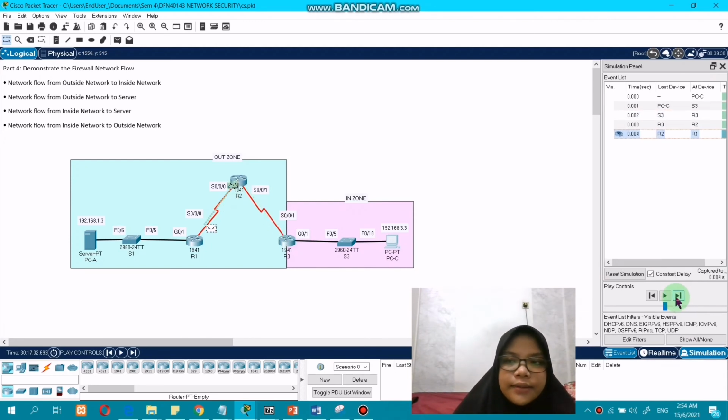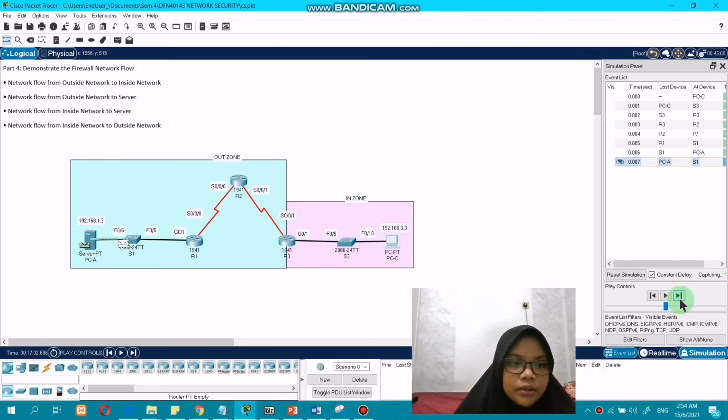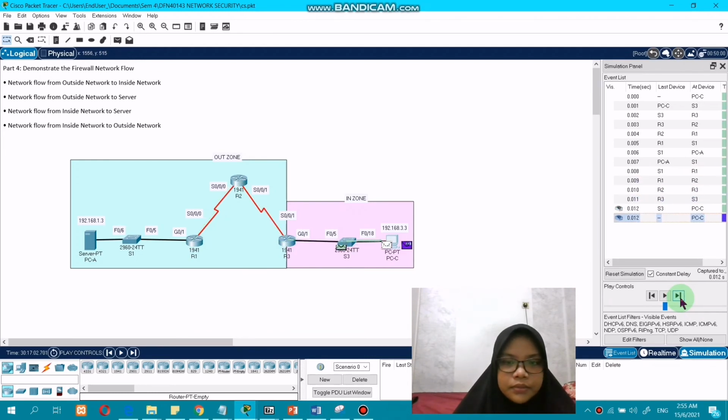Is it successful or not? So no, there isn't any problem. So it reached the server. So it is connected with HTTP.